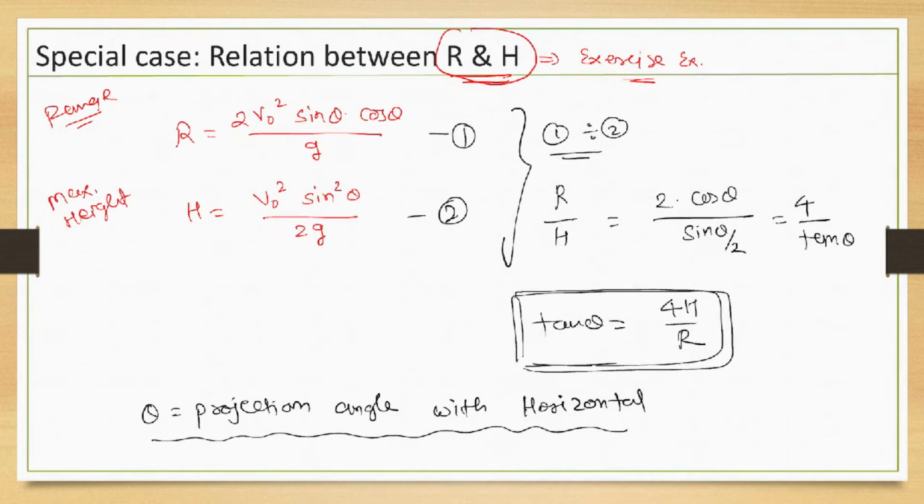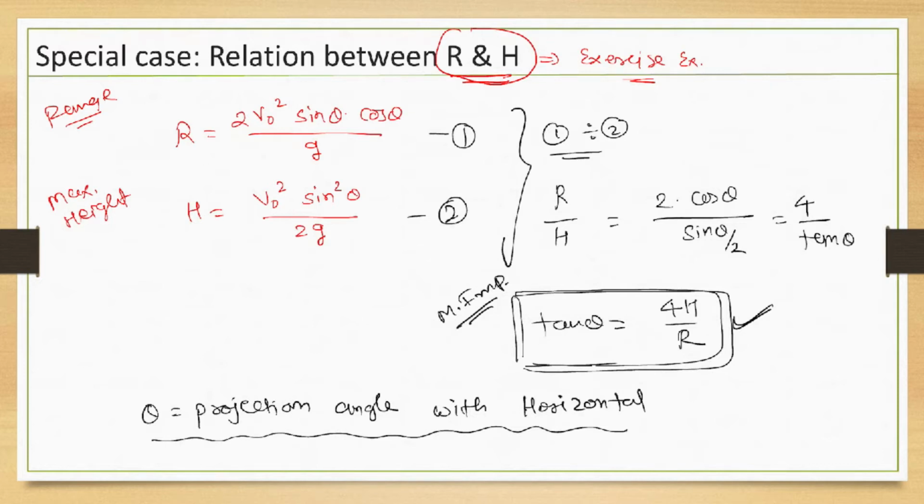In all relations theta must be with the horizontal. So if the projection angle is theta, then tan theta is always 4H upon R for the given motion. And this is the most important equation. So all of you note this special case in your books.